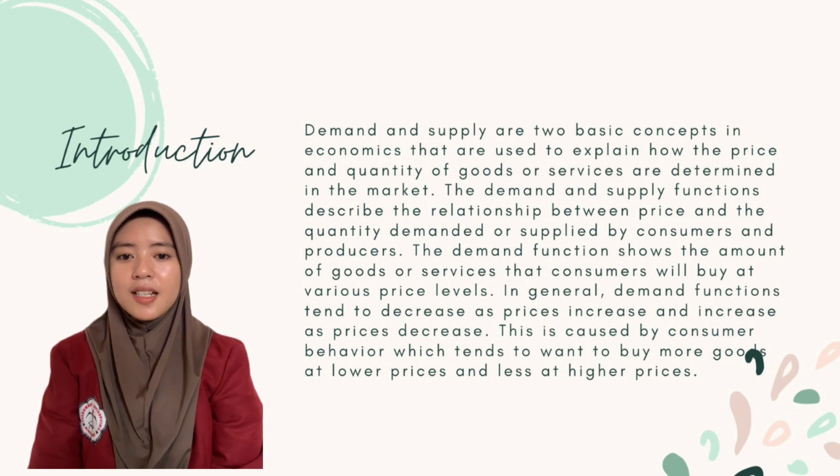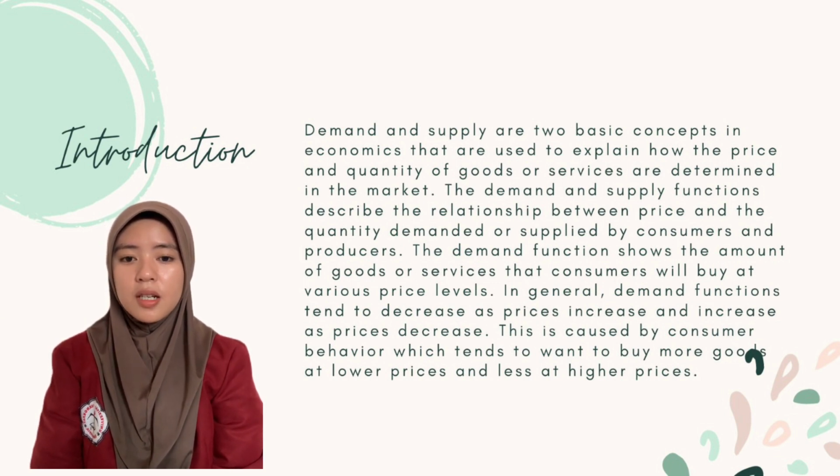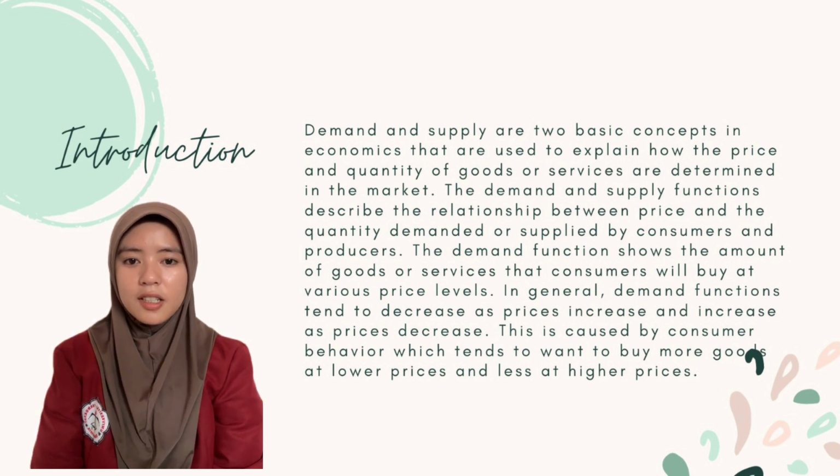In general, quantity supplied tends to increase as price increases and decrease as price decreases. This is due to the manufacturer's desire for higher profits by increasing sales or production at higher prices.